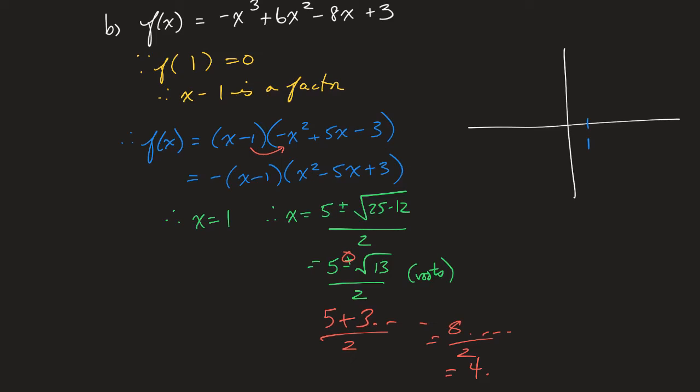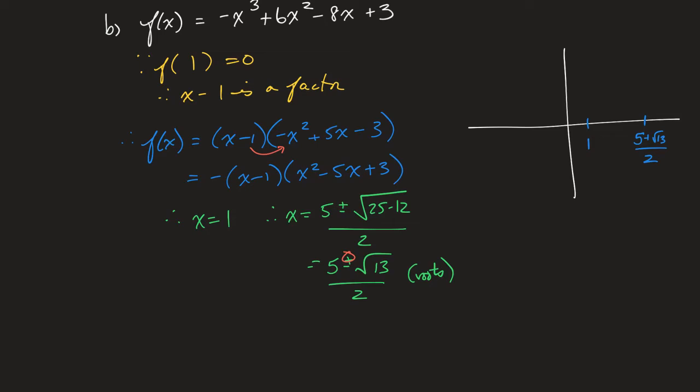We have the ability to do that. And so, as you work your way through, we now know that you should be good to be able to label 5 plus root 13 halves all the way out here somewhere, because that's 4 point something.